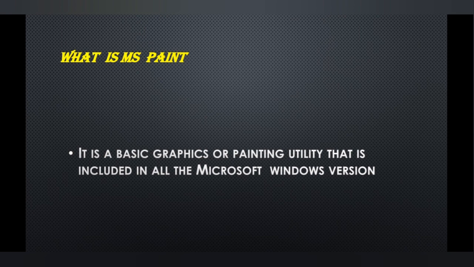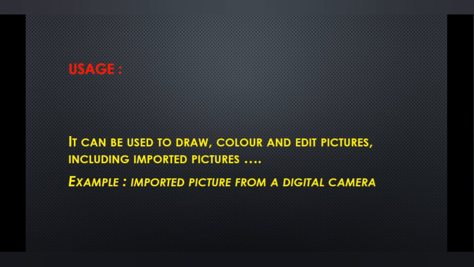This software basically uses this graphics technology, and it has been included in all the Microsoft Windows versions. That means if you see any of Windows 7, Windows 10, Windows XP, it is there.